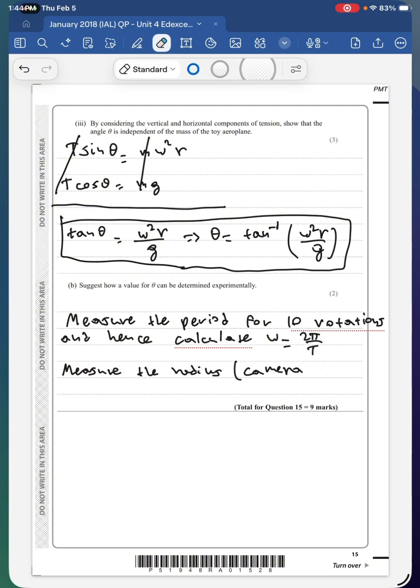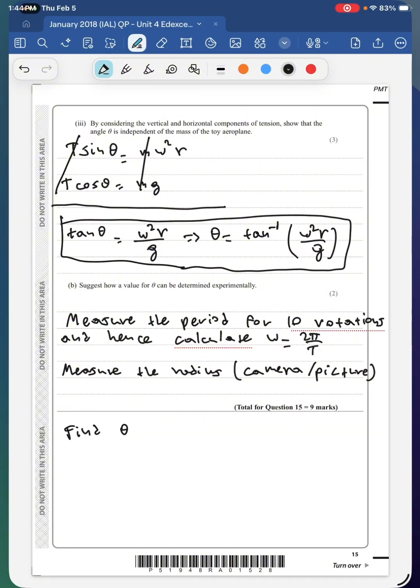You can take a picture, right? So camera, picture. And find theta using the formula we just derived, omega squared times r over g.